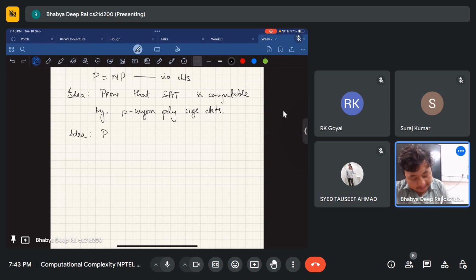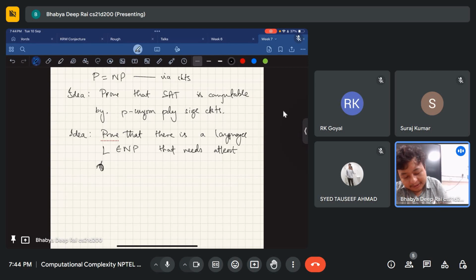The next idea is to prove that there is a language L which is in NP that needs at least, say, n to the, okay, I'll write super polynomial. Super polynomial, I think I already told you. Or exponential is also enough.